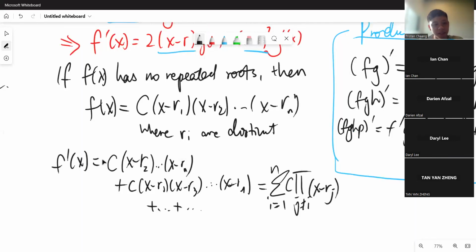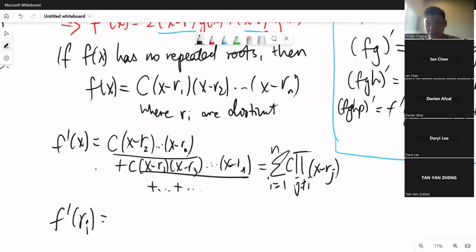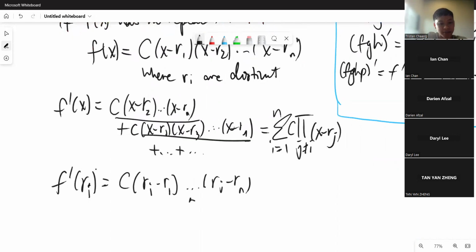Well, now it's a simple thing to see. If I plug in x equals any ri into f prime, well, for those terms that have an (x minus ri) inside, they all vanish, because x equals ri. So the only term that doesn't vanish is the term that doesn't have the ri. So that will be (ri minus r1) up to (ri minus rn), where inside we skip ri minus ri.